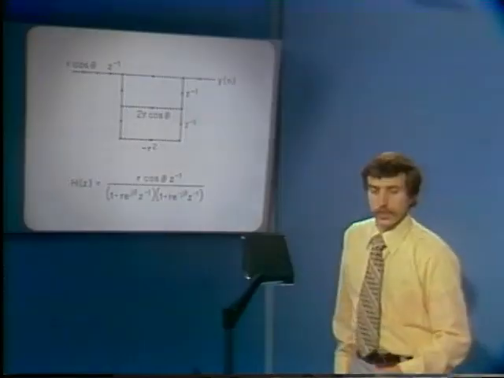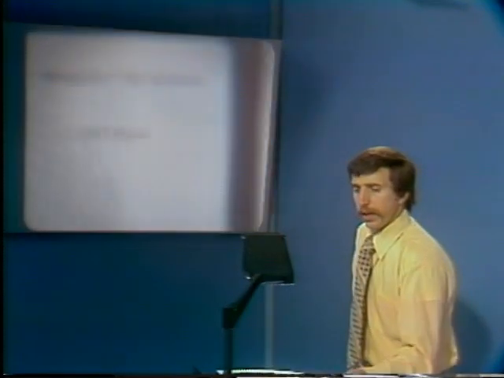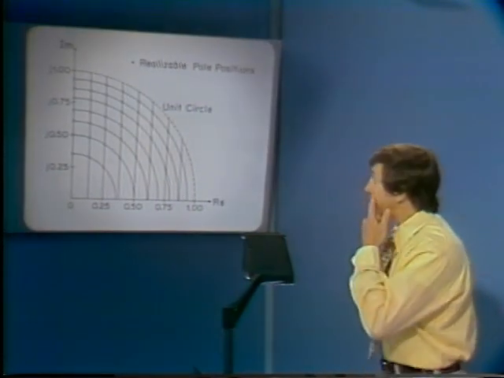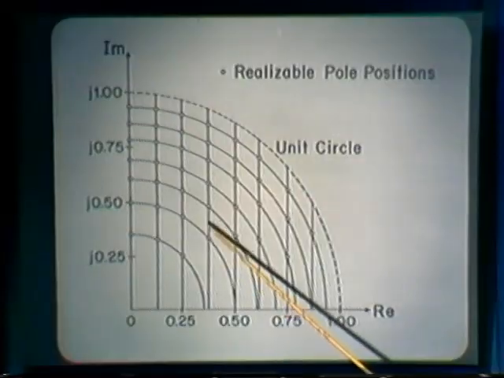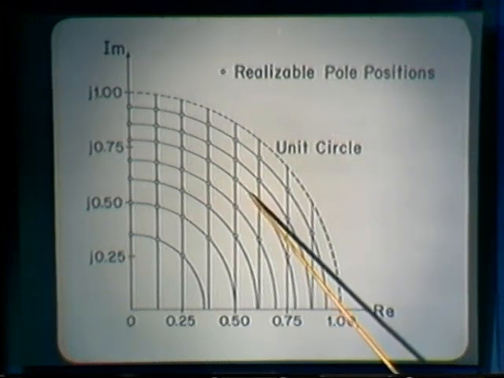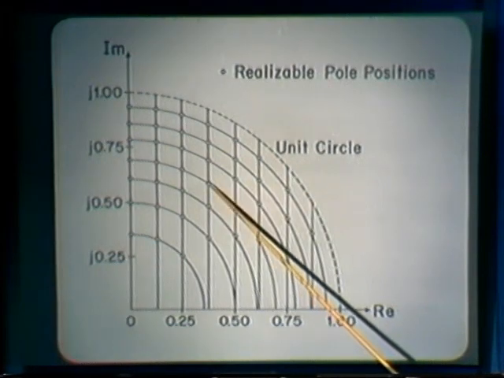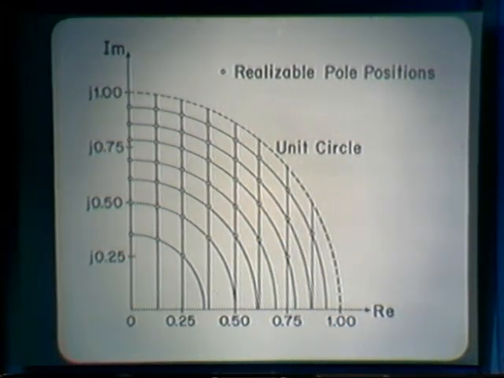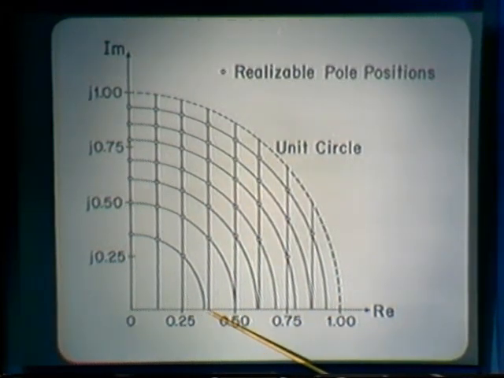What this implies in the z-plane is that for, let's say, a choice of register length equal to 3, for a 3-bit register length, the pole locations which can be implemented with that system are restricted to fall at the intersection of the grid points that I've indicated here, due to the fact that quantization of the parameter r cosine theta implies that we must lie along lines equally spaced along the horizontal axis.